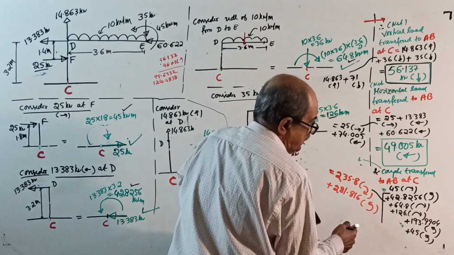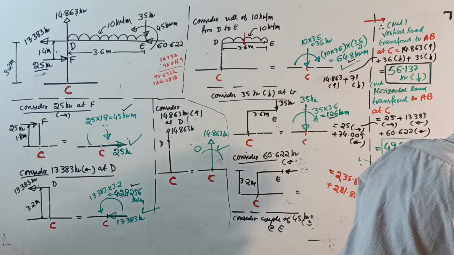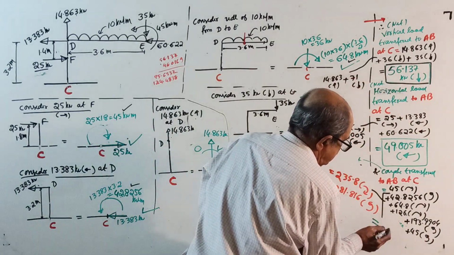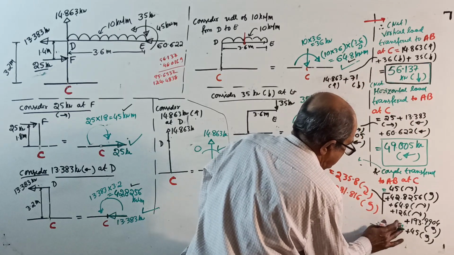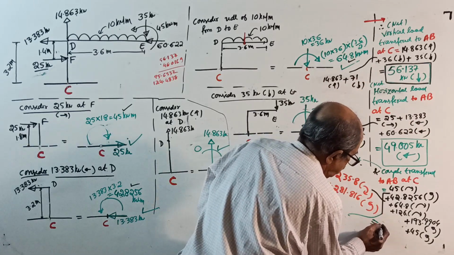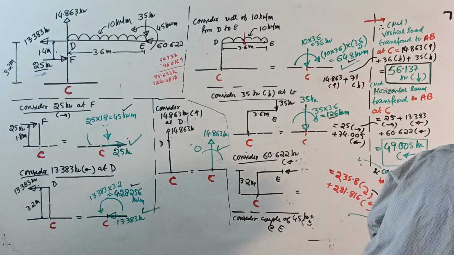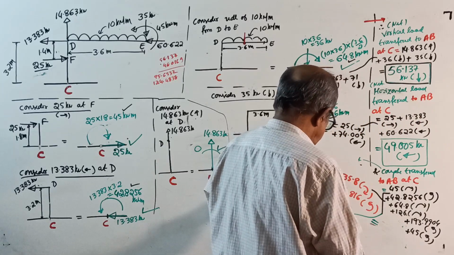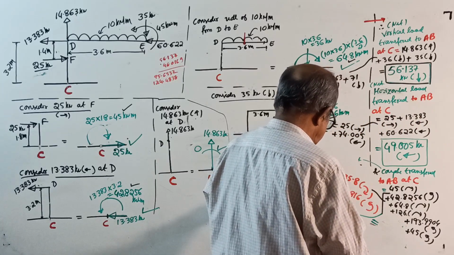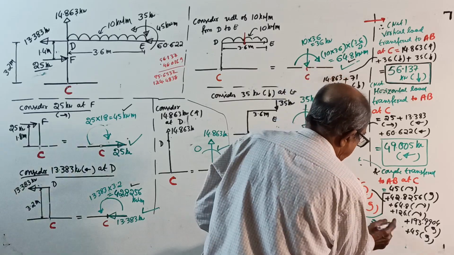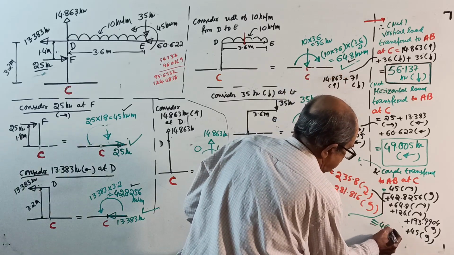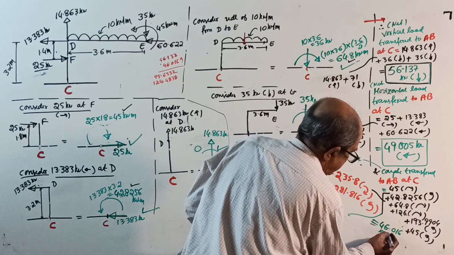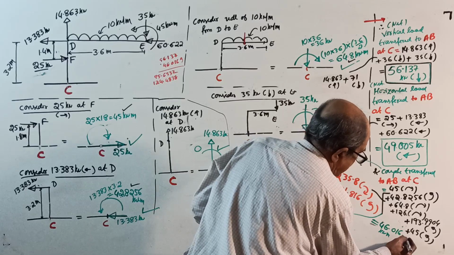Finally, the net single answer: anti-clockwise is more, 281.816 minus 235.8 is 46.016 kilonewton meter anti-clockwise.